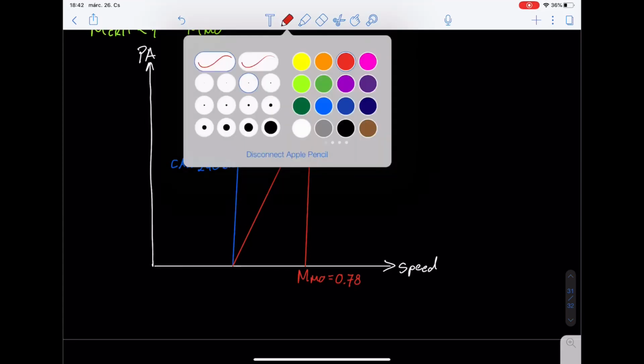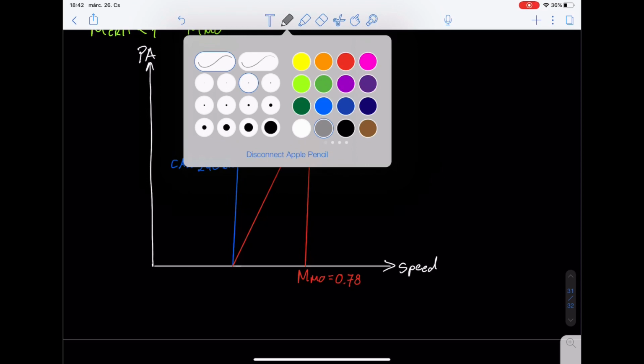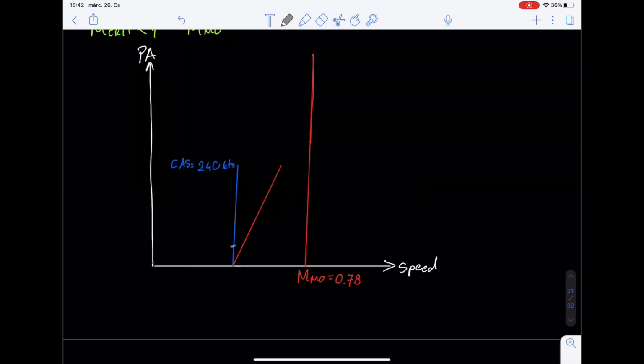Right, so initially, as I'm climbing at 240 knots through the different stages, let's say right here at the lower altitude, 240 knots indicated is, let's say, a Mach number of 0.72. And let's say here in the middle, still constant calibrated speed of 240 knots, that would be 0.73.